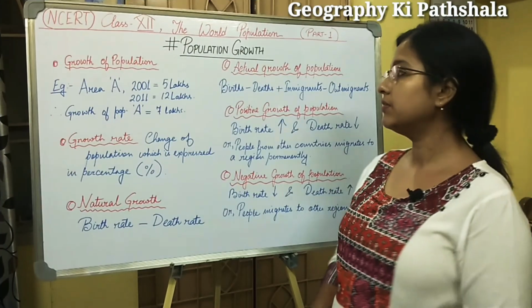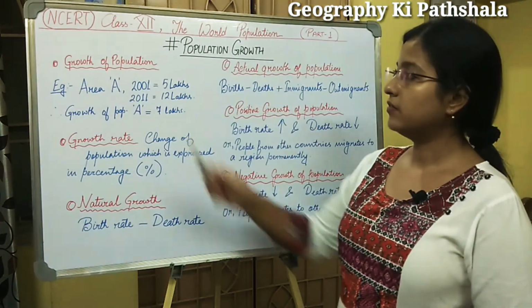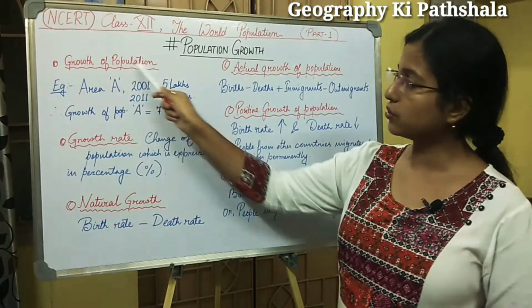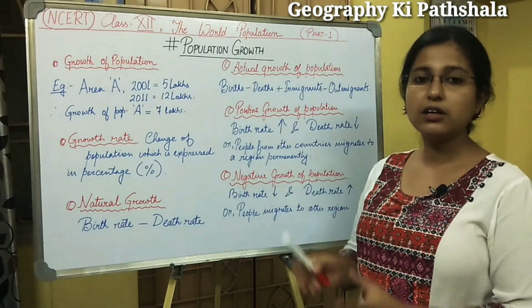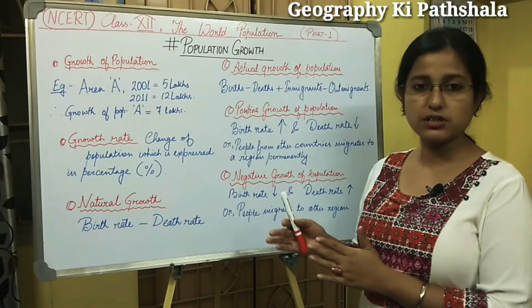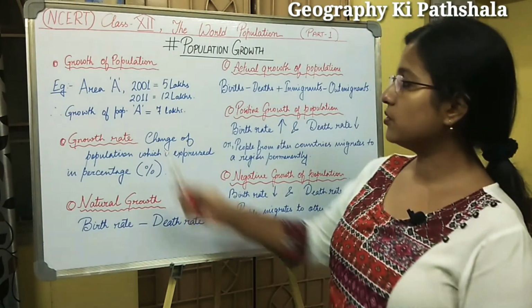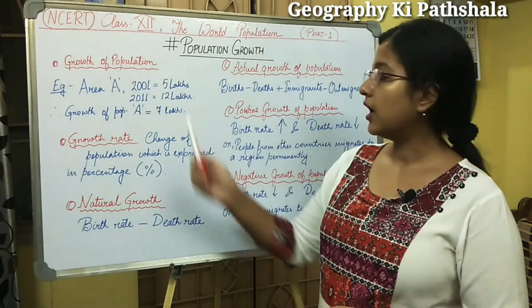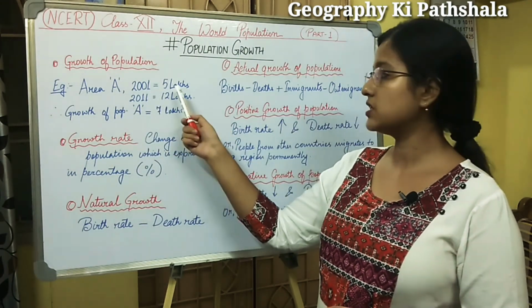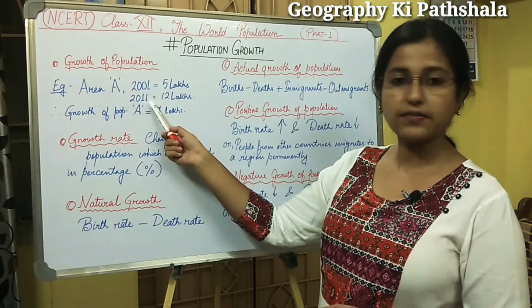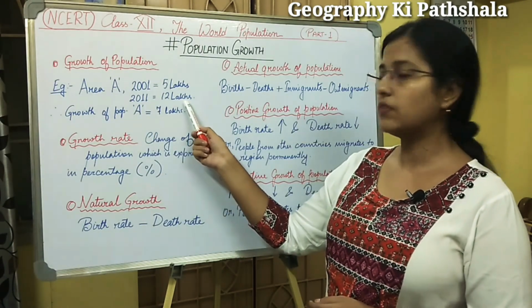So now we will see some concepts of population growth. First we will see what is growth of population. Growth of population means how the population is changing in a particular area between two different points of time. Suppose the population of area A in 2001 is 5 lakhs, and in 2011 the population in that same area is 12 lakhs.